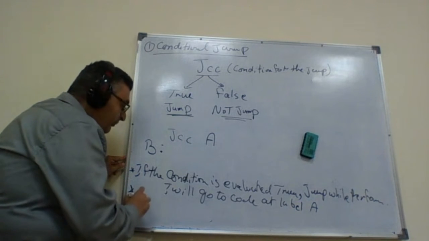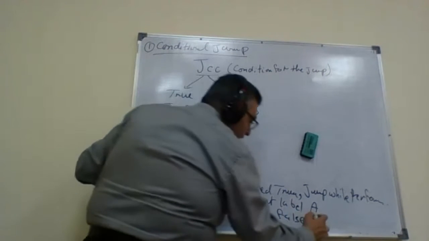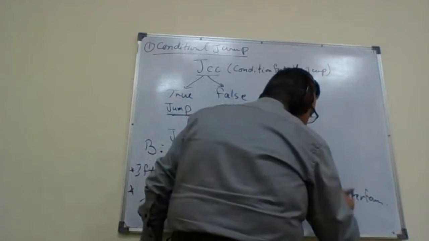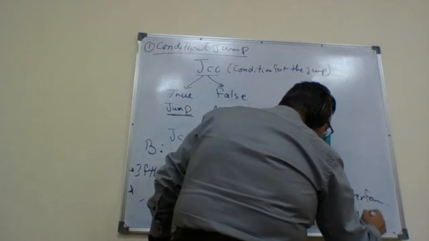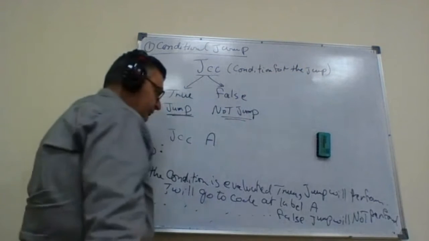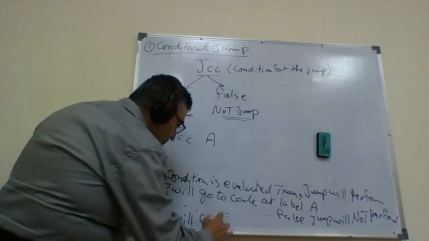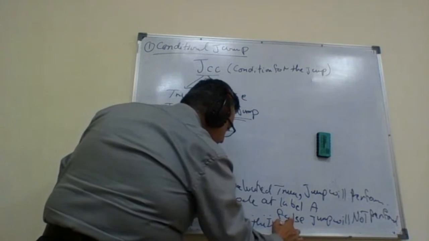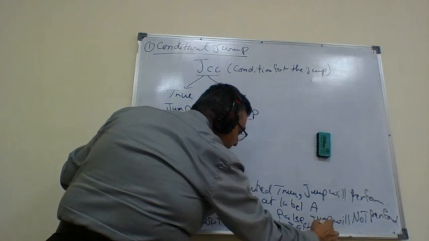The second direction: if the condition is evaluated as false, the jump will not be performed. That means I will continue to the instruction B after the jump.